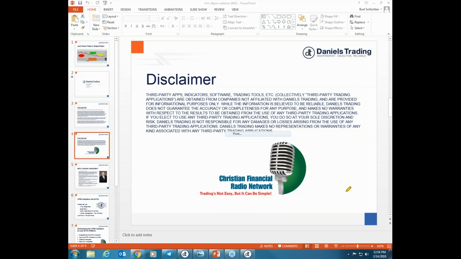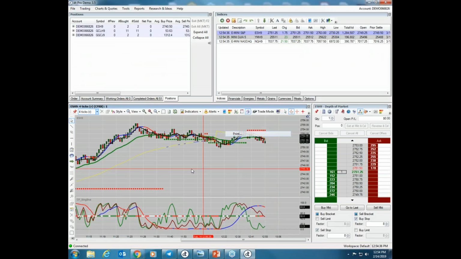Second disclaimer is my relationship with CFRN. In a nutshell, CFRN, they're the educator. It's their trading tools. It's their indicator package. They're the third party. Their indicator set is built inside our platform.